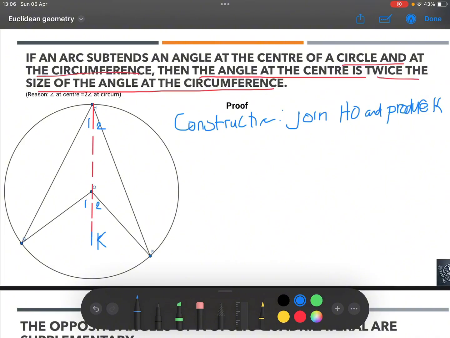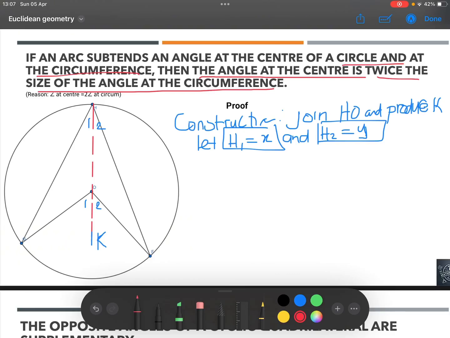Before we go far, let our H1 be equal to x and H2 be equal to y, just trying to make our life easier.